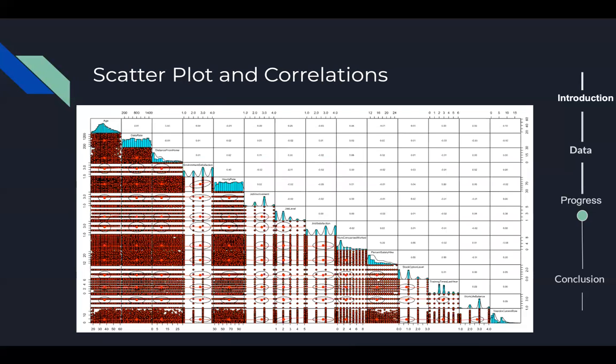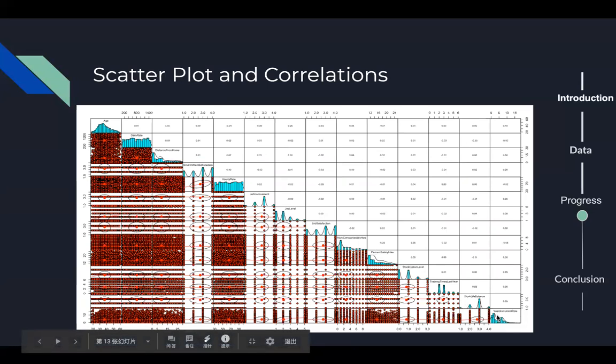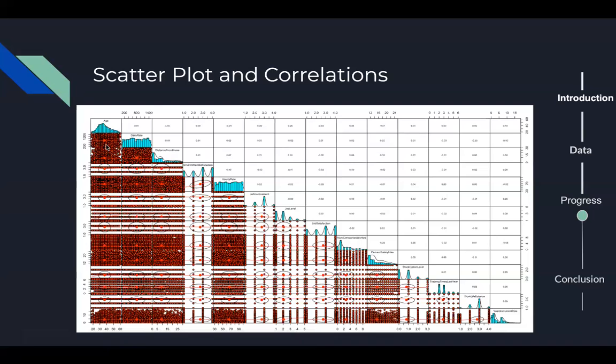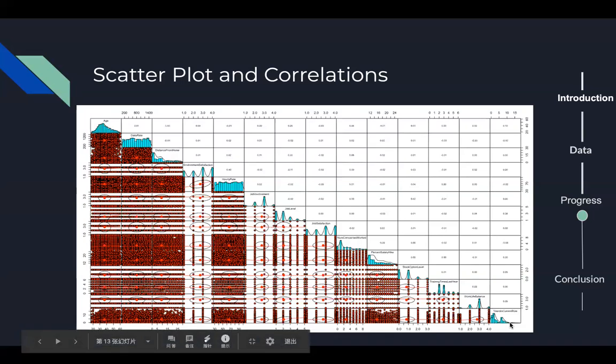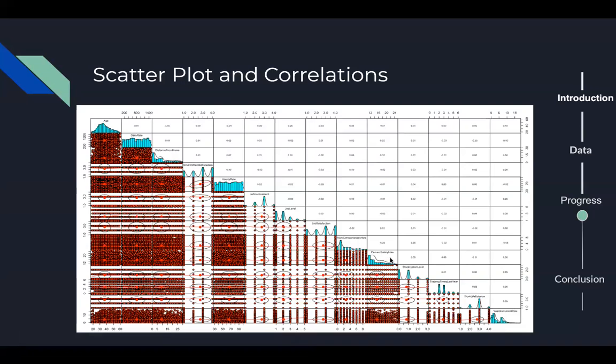Here, I use the scatter plot and the correlation values to overall check all those 14 variables. We can see the scatter plot. They're a little messy because we have an extremely large dataset, but all the histograms are very clear. We can see some are normalized, some are more even, some are left or right skewed, and the correlation values, some are higher, some are lower.